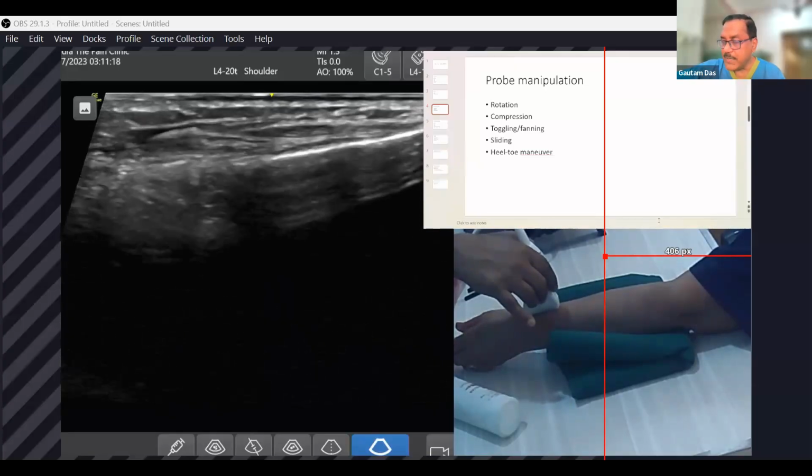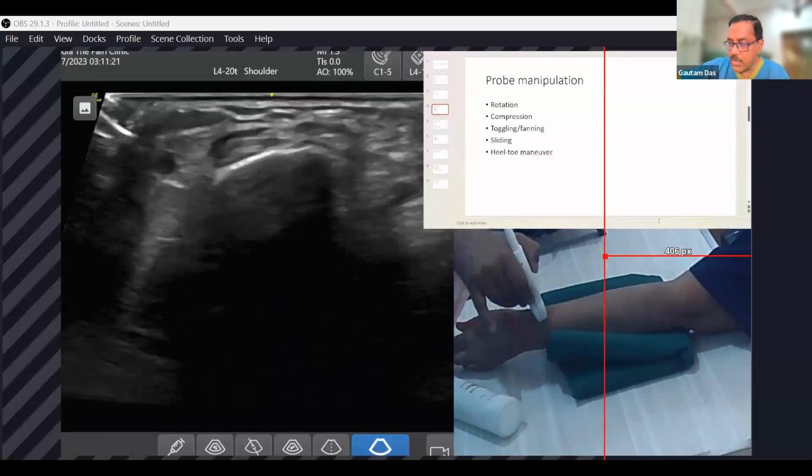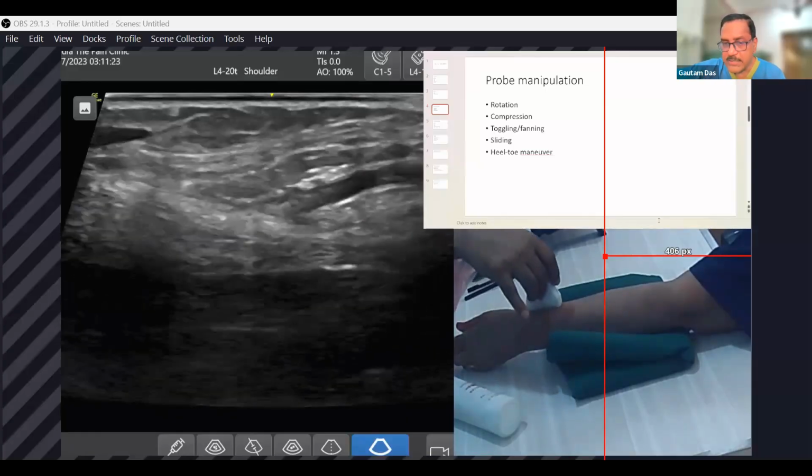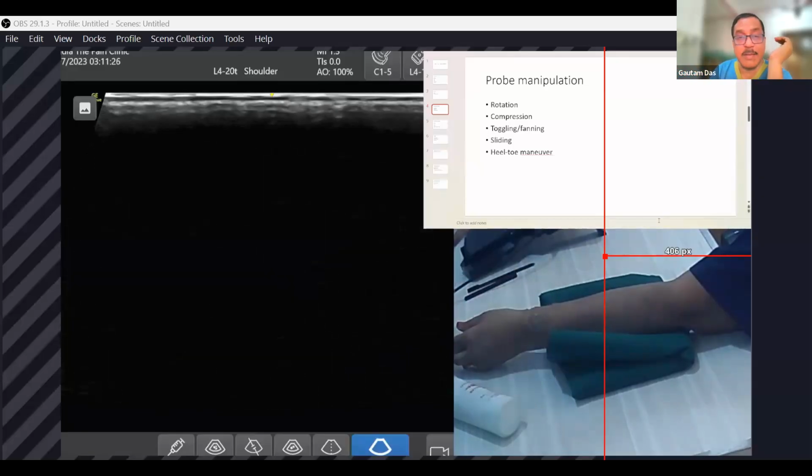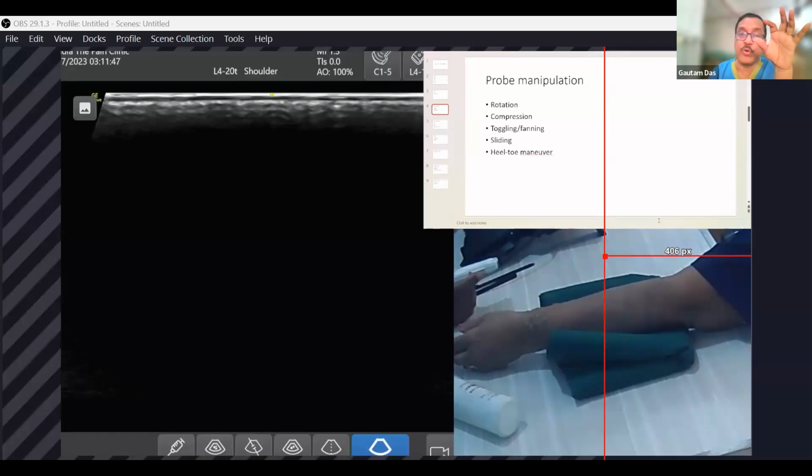Moving from the short axis to the long axis, or long axis to the short axis, is called probe rotation. Many a time we examine structures in both short axis and long axis, like a nerve or a tendon. For that, we need to rotate, always keeping the targeted structure in the middle of the screen, and only then gradually rotate from long axis to short axis or short axis to long axis.